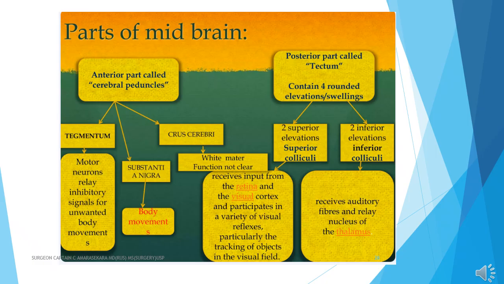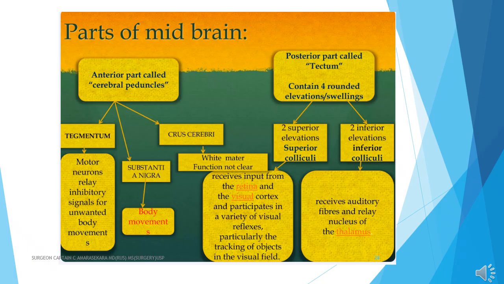There are two parts, which I put on this slide to help understand the parts of the midbrain. In the anterior part, you have the cerebral peduncles, crus cerebri, which are white matter tracts for voluntary motor control, and the tegmentum contains the substantia nigra, which inhibits unwanted muscle activity.